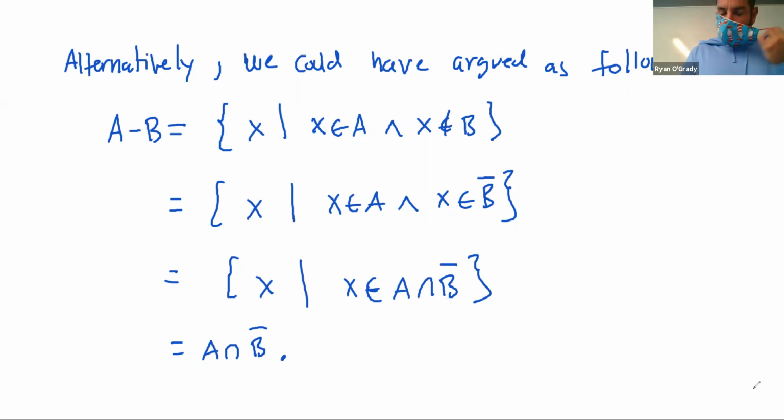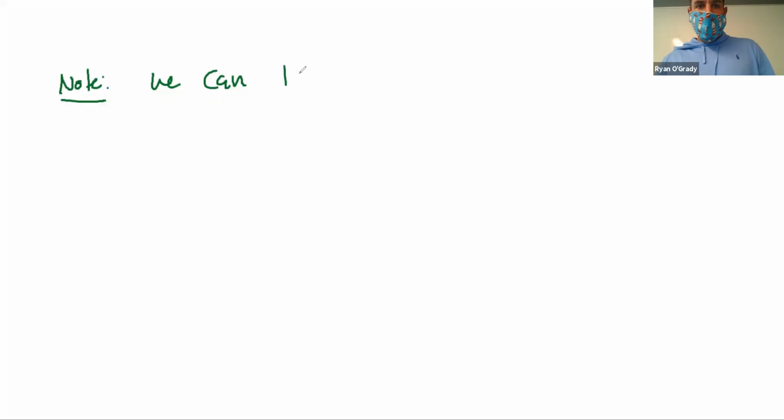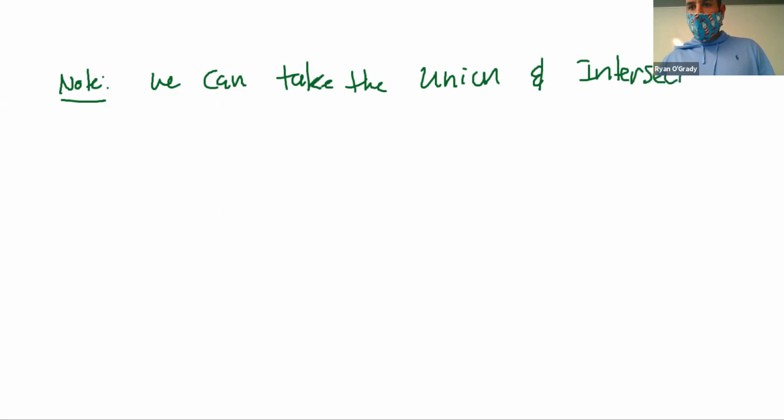Let's make that comment that I alluded to before I did all this, and I apologize. So note, we can take the union and intersection of any finite number of sets.